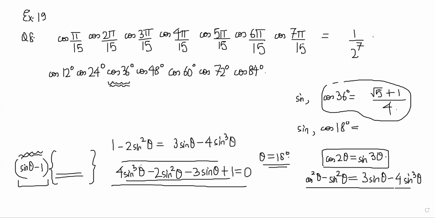Once you get the quadratic, you will solve it by quadratic formula and you will get the value of sine 18. Once you know sine 18, finding sine 36 or cos 36 should not be a problem. For example, cos 36 will be 1 minus 2 sine square 18, right?